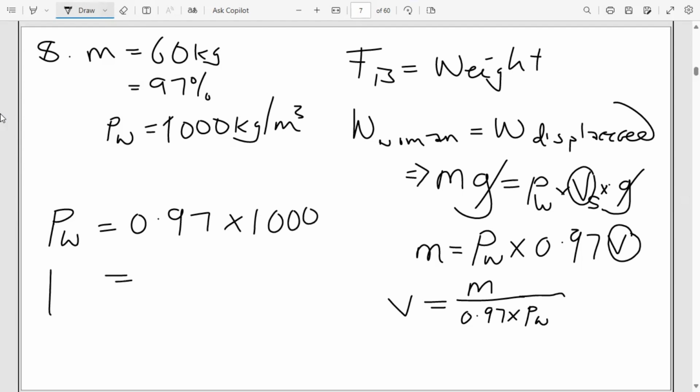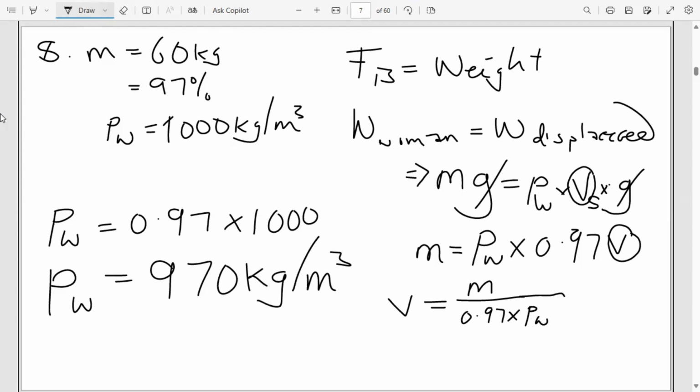And this is going to give you the average density of the woman to be equal to what? To be equal to 970 kgs per cubic meter.